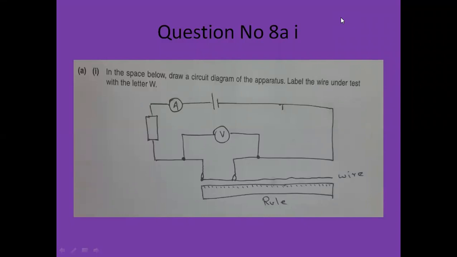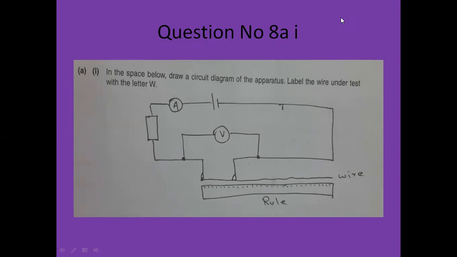It can be put anywhere on the wire. So the wire between the crocodile clips will be in use, included in the circuit. I have also placed a rule there, so I can check the length of the wire being used. Then we have put a voltmeter.